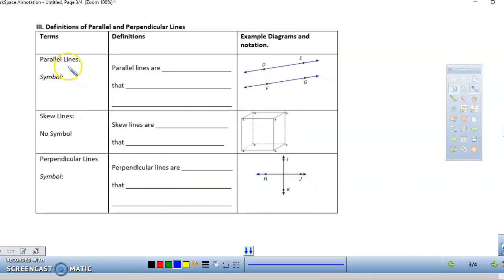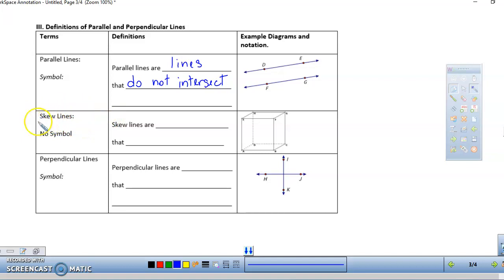Okay, next, so parallel lines. Parallel lines are obviously lines. Okay, and then they are lines that do not intersect. However, you know from our previous notes that there are also skew lines.